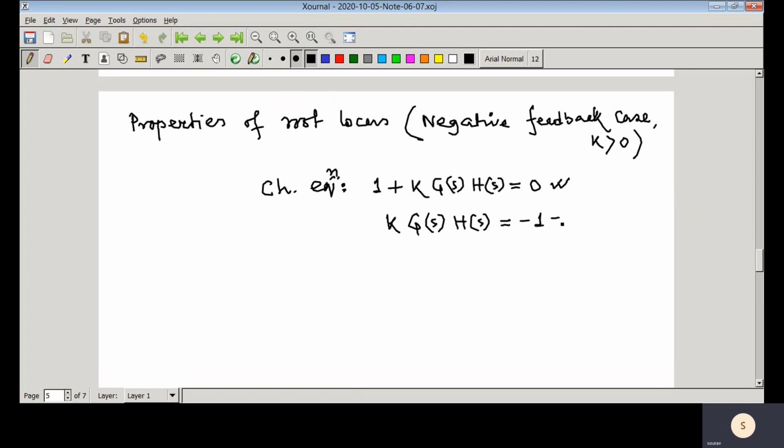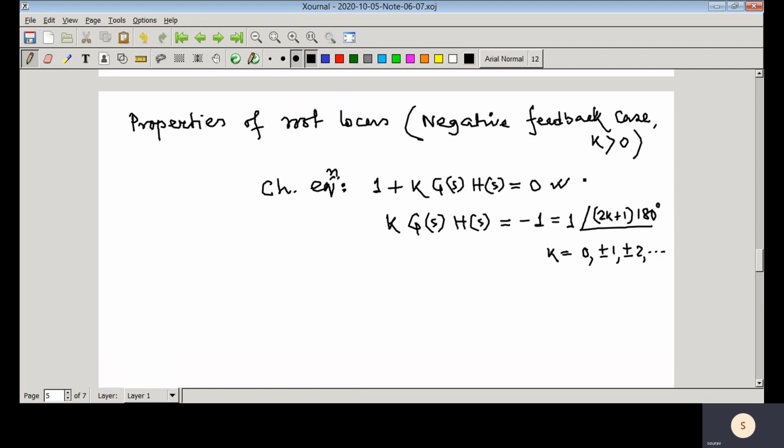So we can represent -1 in polar form as 1 angle (2k plus 1) into 180 degrees, where k equal to 0, plus or minus 1, plus or minus 2, and so on.